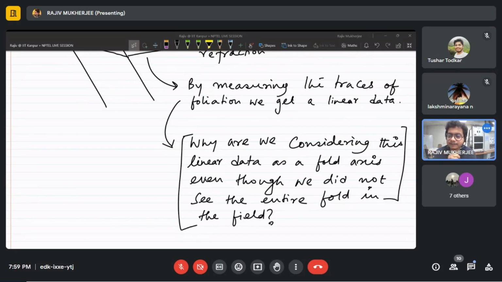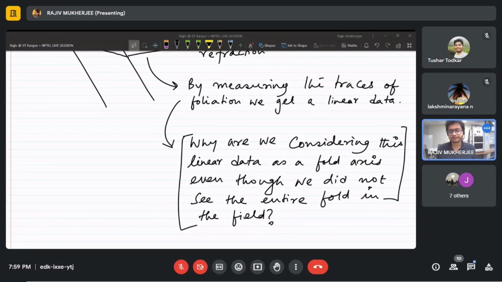Any guess, anyone? Just a guess. I hope that you have understood the question, right? Why are we calling it a fold and nothing else? I mean, it could be a fault, right? Why not a fault?